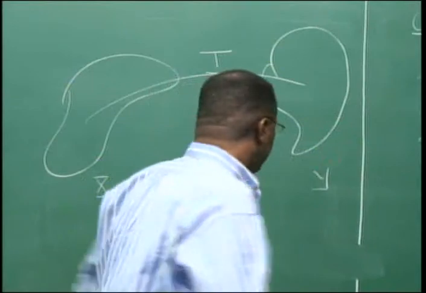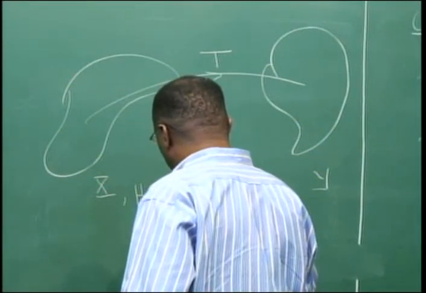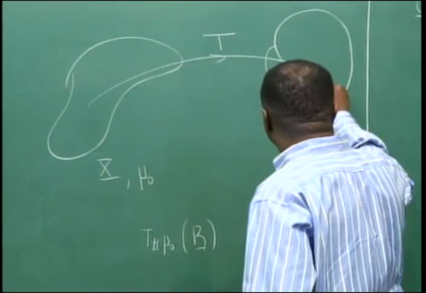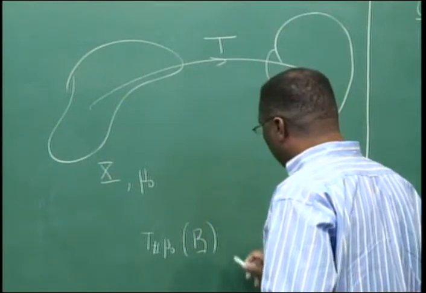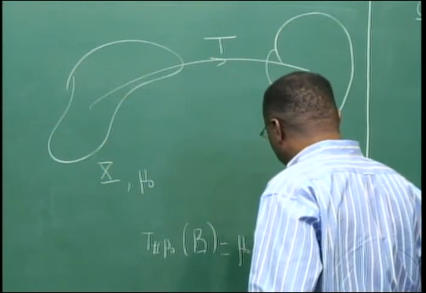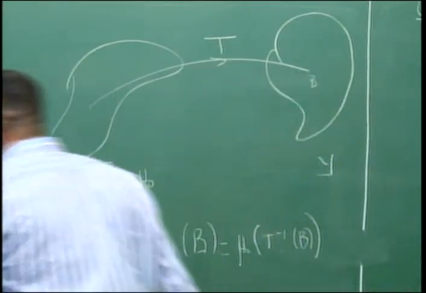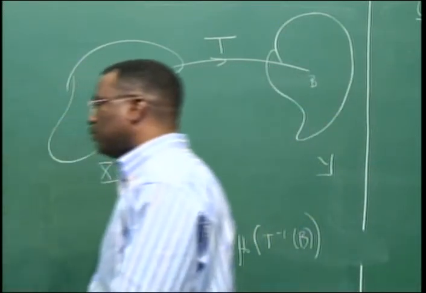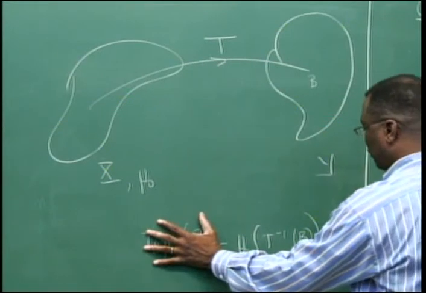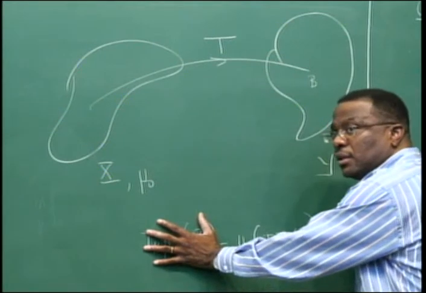It is called the push forward. By definition, the push forward of mu0 by T, if I apply it to B, take B here, and I want to measure B, this is mu0 of T inverse of B. And so you can see that this condition, T pushes mu0 forward to mu1, is equivalent to this being equal to mu1 of B for every B Borel.